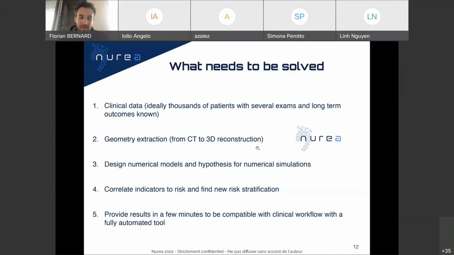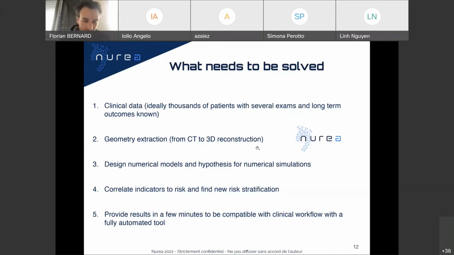Once we get there, if we want to implement that in a full clinical workflow, we need to consider that a physician has no knowledge about how to set up a numerical simulation, what data should be provided as input. So everything should be automated and should be able to provide a result in a few minutes. And I think that's where reduced order models can play a role to accelerate the numerical simulations that we will have done on a specific database.